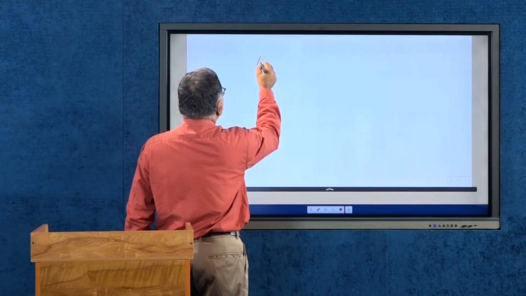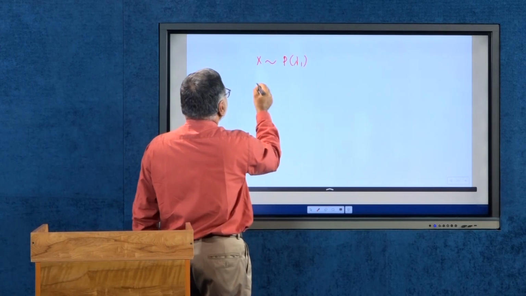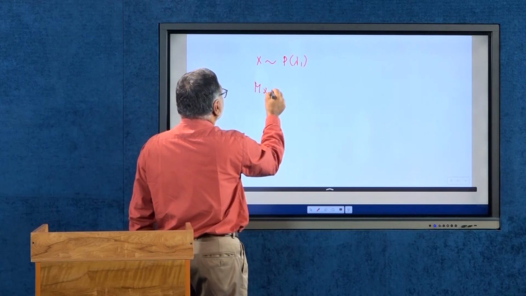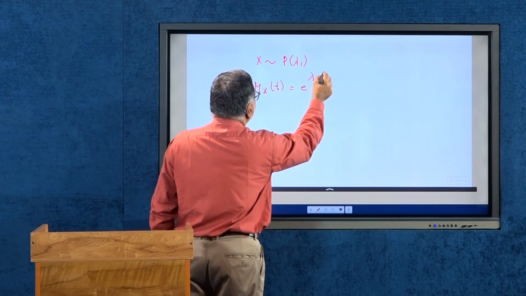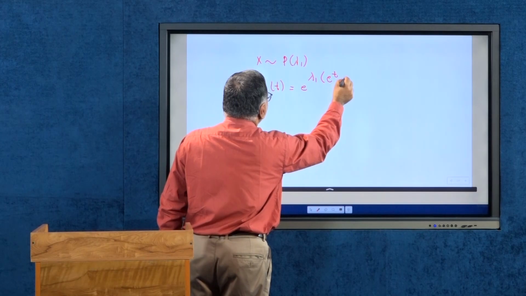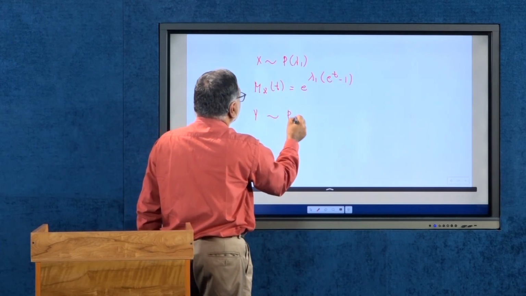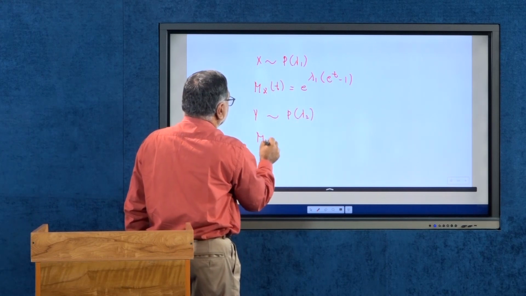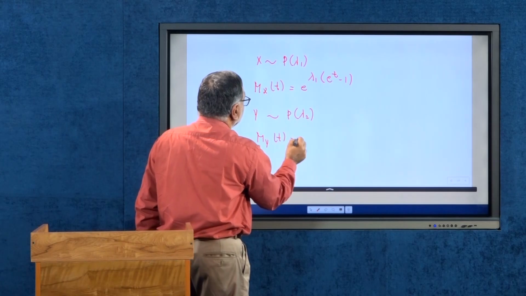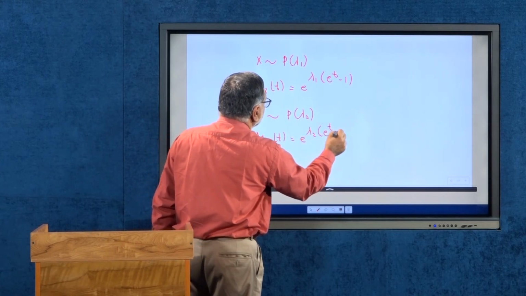Suppose X follows Poisson with lambda 1, then the moment generating function of X is e power lambda 1 into e power t minus 1. Similarly, Y is Poisson with lambda 2, then M_Y(t) is equal to e power lambda 2 into e power t minus 1.